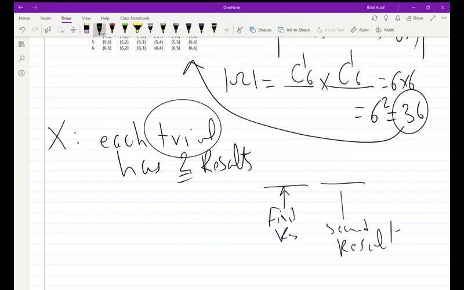X is equal to the sum of the two results.